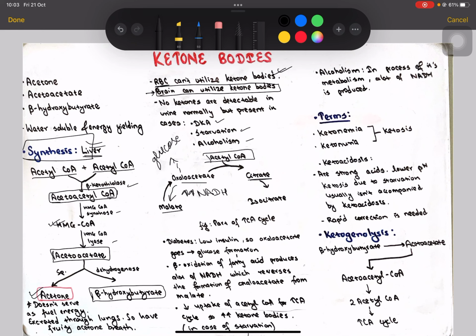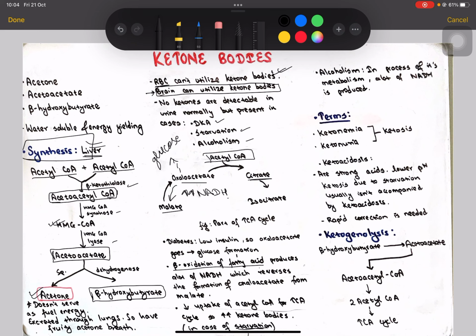And in case of starvation also, beta oxidation of fatty acids occurs, which will produce a lot of NADH, which reverses the process. Normally malate is converted into oxaloacetate, but whenever there is a high amount of NADH from beta oxidation of fatty acids, it reverses this process and oxaloacetate will go and make malate.